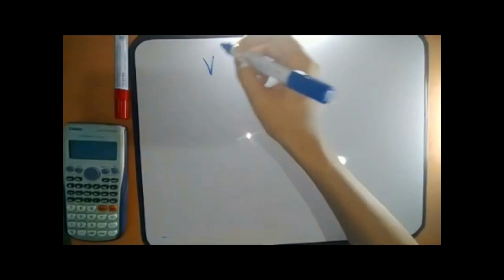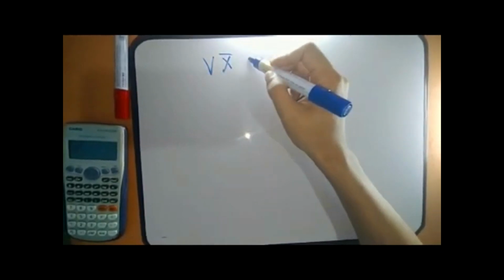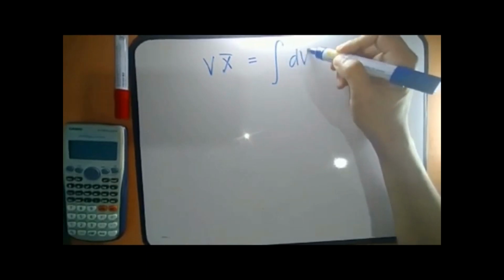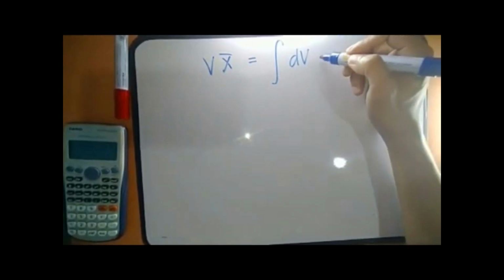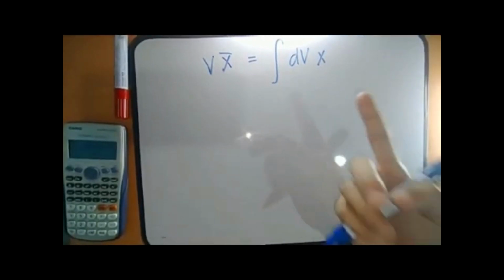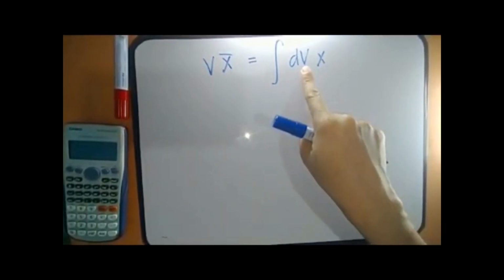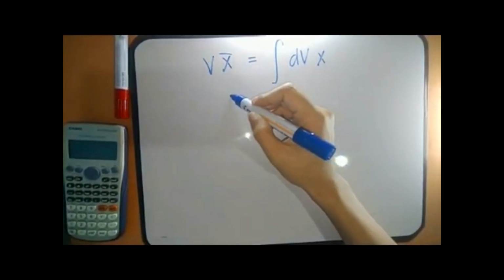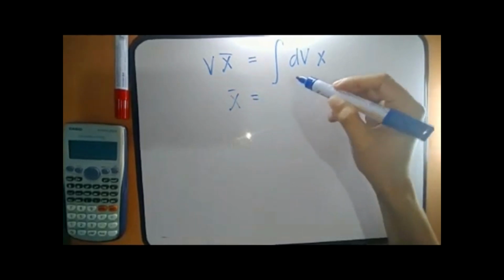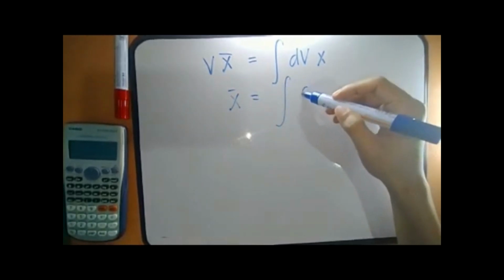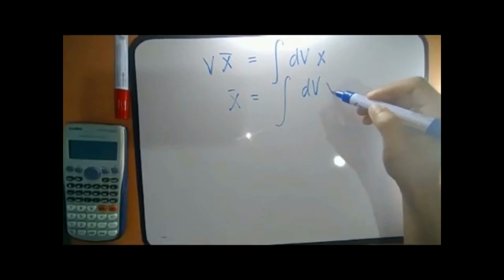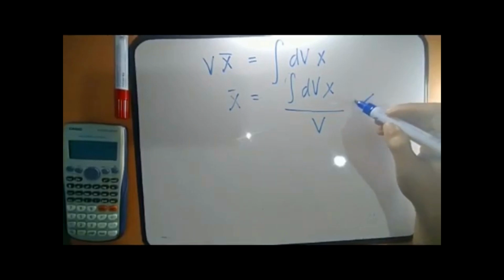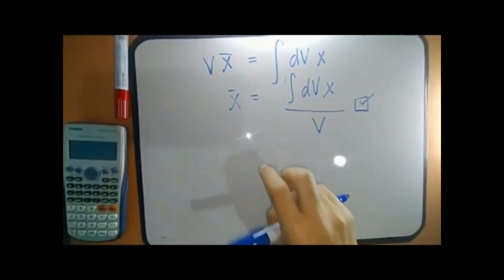So volume times x bar equals the integral of dV times x. We replace differential area with differential of volume, and area with volume. Therefore, x bar equals the integral of differential of volume times x, all over volume. This is our formula for the centroid along the x-axis.